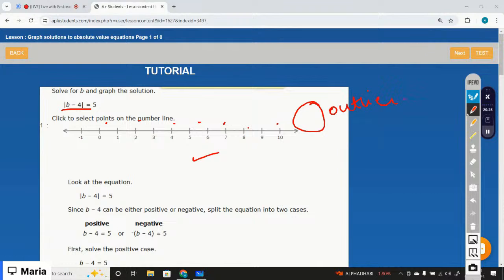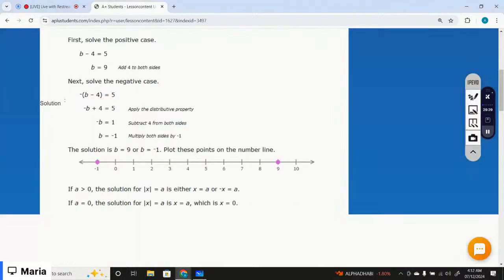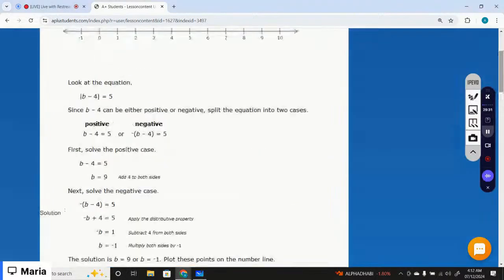So you can split the equation like this. B minus 4 equals 5 or negative of B minus 4 equals 5. So that is B equals 9 or B equals negative 1.